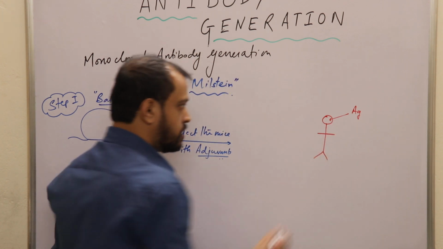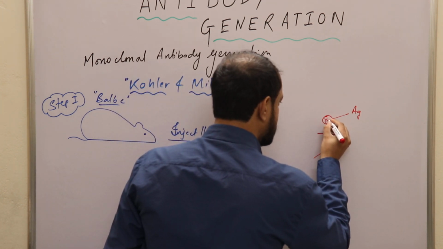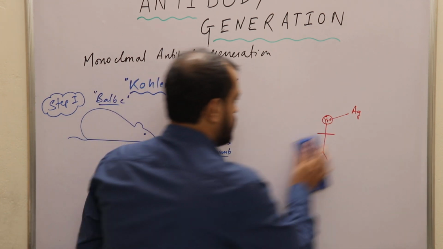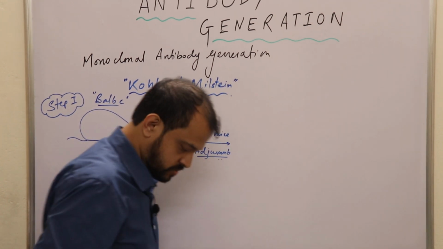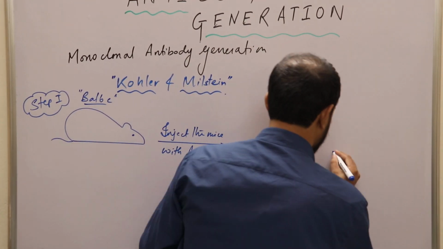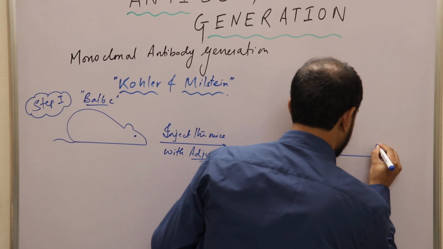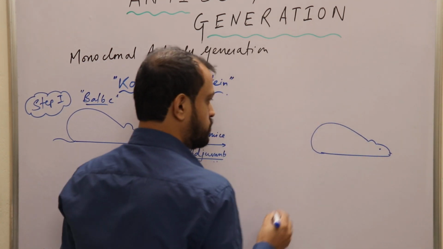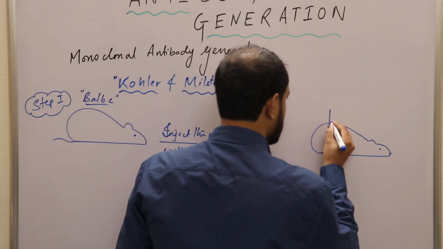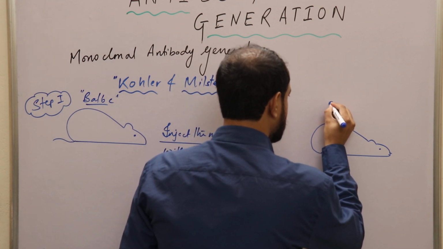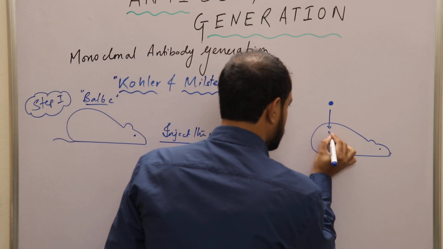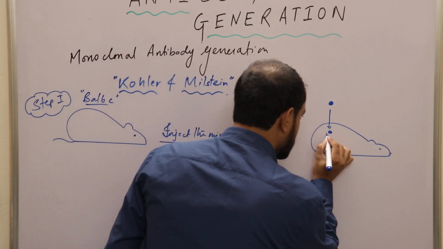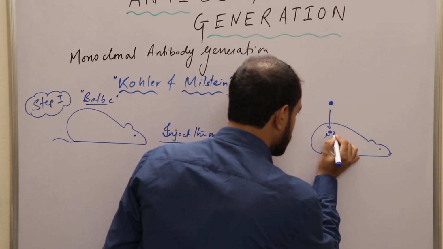Now what will happen? Against this antigen, antibodies will be produced, right? Let me draw it bigger. Suppose instead of a human, I am taking the example of a rat. Suppose you introduce an antigen like this into the mice's body. Against this antigen antibodies will be produced, right?